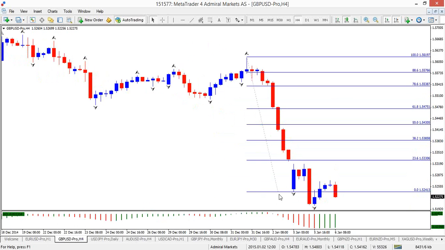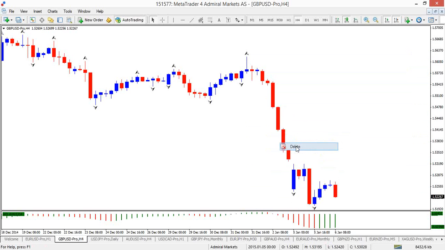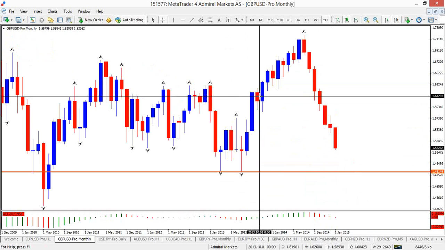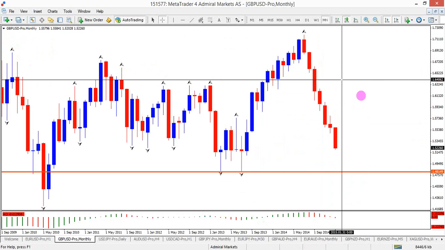at the pound dollar. Now the pound really is almost like an identical twin of the euro dollar in many ways. There are some very tiny differences, I would say. One of those is the fact that if you look at the monthly chart, the 2014 candle is a bit different.